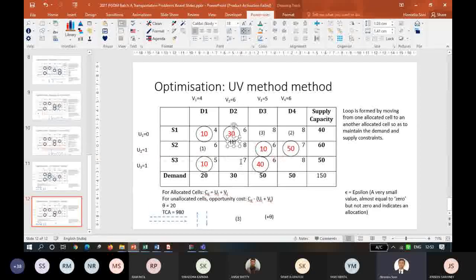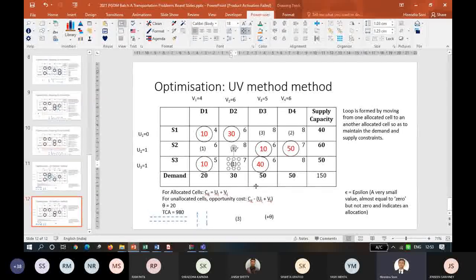We don't have any other unallocated cell in that particular row, so we'll start with the next row. वहां पर again 1 plus 6 is 7, 7 minus 7 is 0. So 6 minus 1 plus 5 is 6. 6 minus 6 is 0. Sorry, उधर पर allocated के लिए नहीं करना है, जिसके लिए आपको 0 भी आया, यहाँ पर करना होगा unallocated.